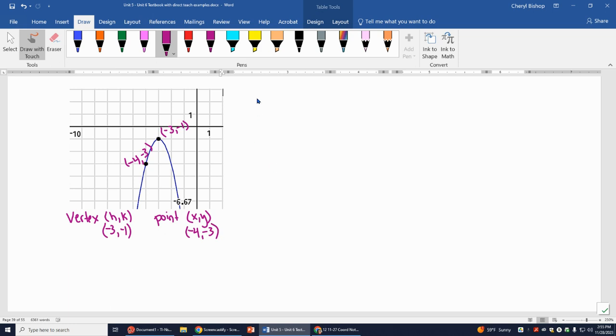Okay, so I'm going to put that into my formula. Y equals a times (x minus h) squared, plus k. Except we're going to replace everything, right? So y is equal to negative 3 equals a times x. x is negative 4, minus h. h is a negative 3.